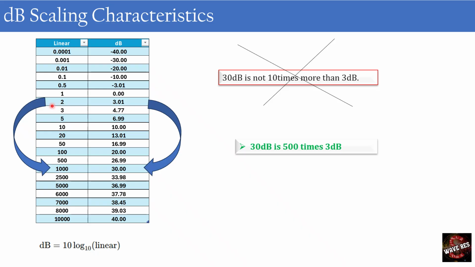For that, we have to consider the linear scaling. 3 dB corresponds to 2 and 30 dB corresponds to 1000. So it means that 30 dB is 500 times more than 3 dB, not 10 times. So it won't be possible to have a direct comparison in dB scaling, like it is a multiple of something. For that, we have to always consider the linear scaling and then convert into dB.